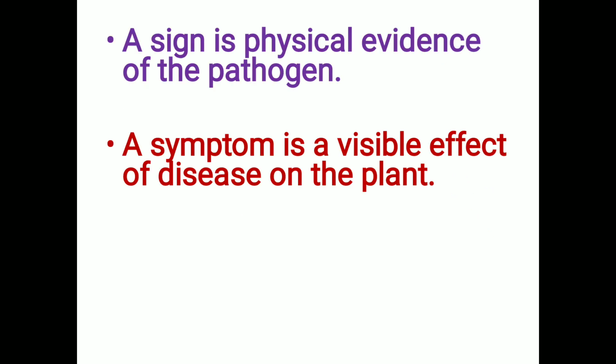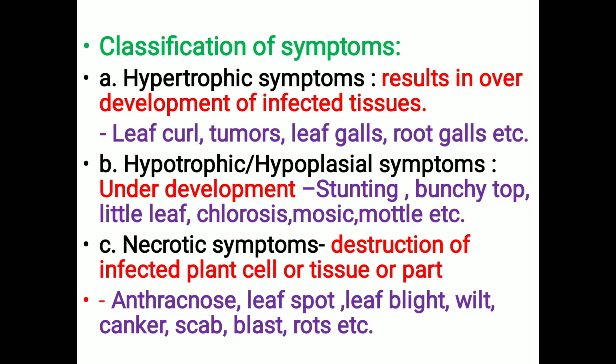Next one, as we discuss here, classification of symptoms. In that, hypertrophic symptoms, hypotrophic or hypoplasial symptoms and necrotic symptoms are observed. So what is a hypertrophic symptom? As you know, hyper means excessive or over.